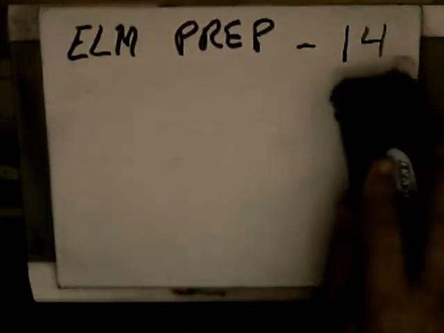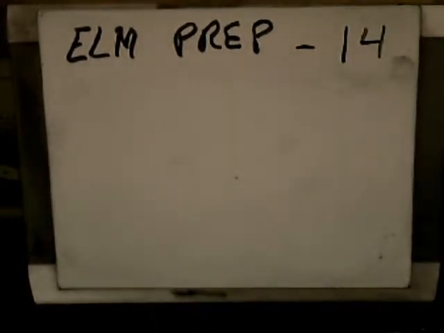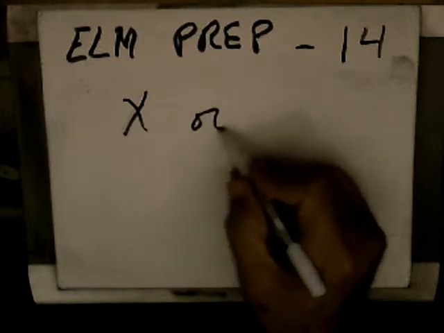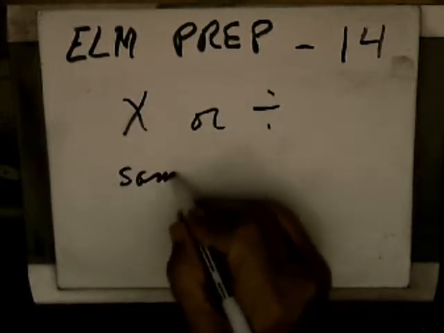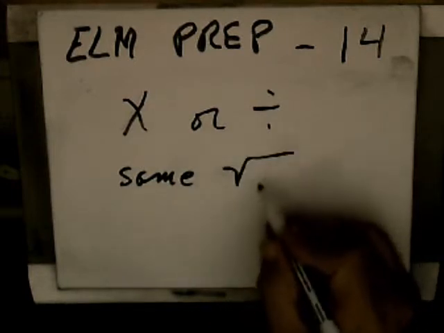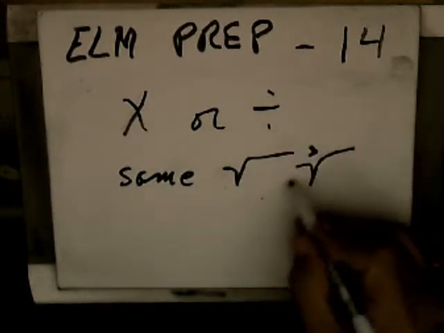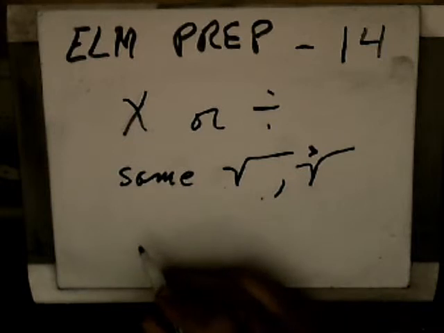So it doesn't matter what radical you're dealing with, as long as they are the same radical. So when it comes to multiplying or dividing, we have to have the same radical, square root, cube root, whatever that is.